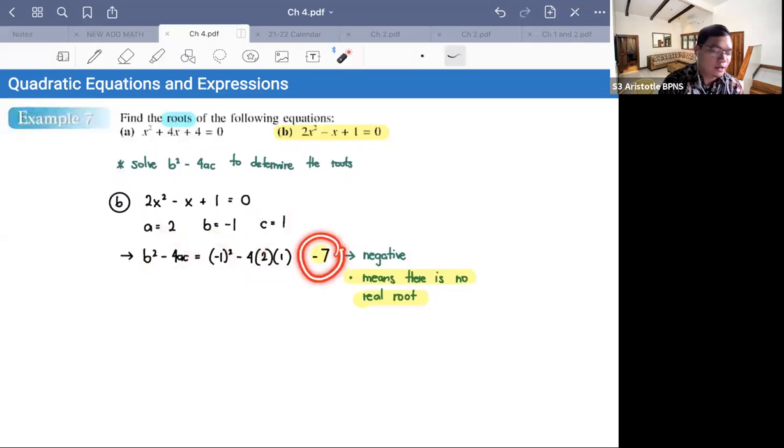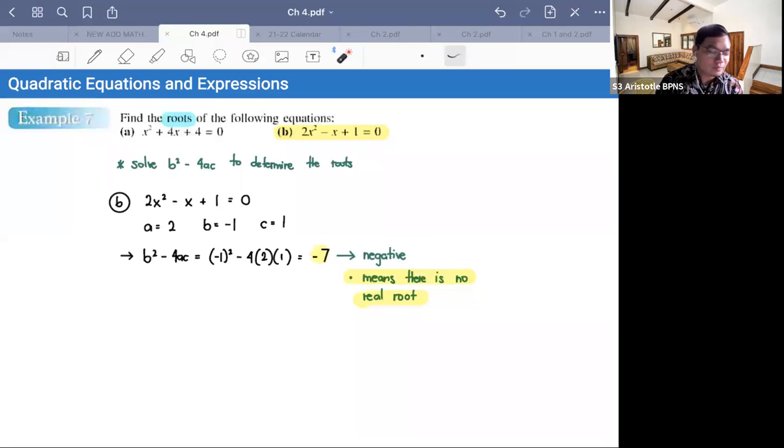Now, if your answer is negative 7 in your discriminant, that means there is no real root, or there are no answers at all. If you have a negative answer from your discriminant, that means there are no solutions to this one. That's where we stop right away.